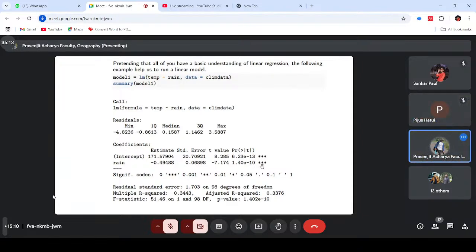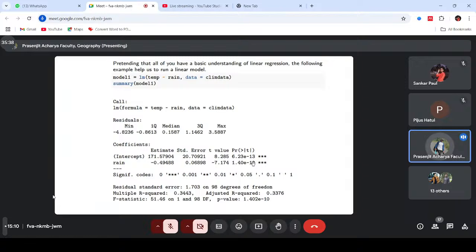This suggests that if you run the experiment 100 times, this is significant at a level of more than 99%. So this is your more than 99% confidence limit.